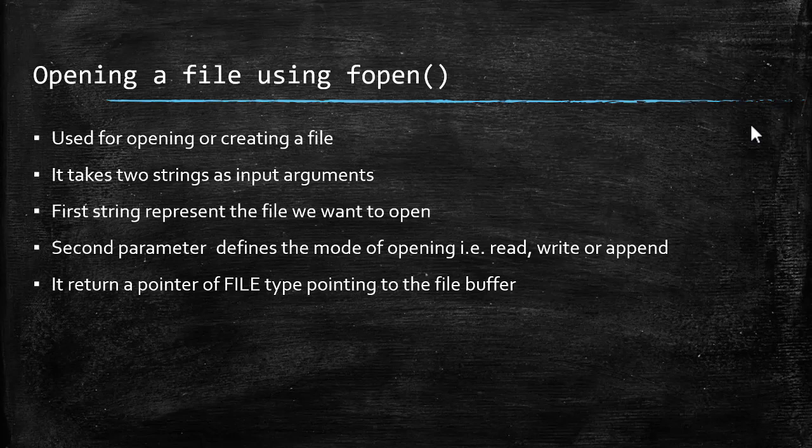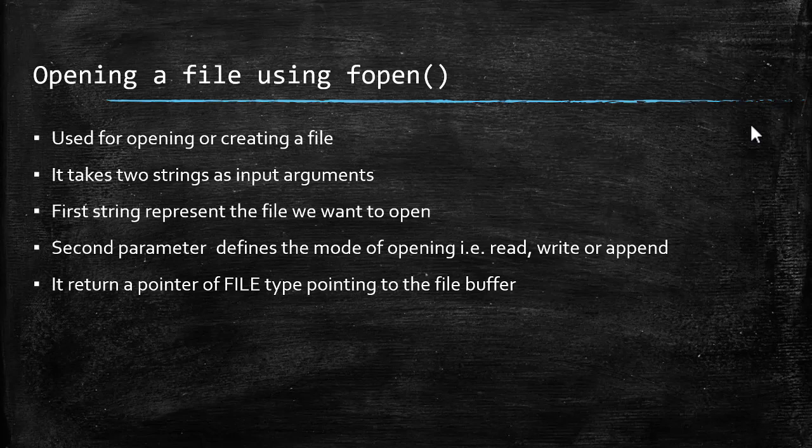In write mode, we can only write to that file, and in append mode, we can append new data after the existing data present in the file. Now, the fopen function returns a pointer of the FILE type, which means it returns an address, the starting address of the file buffer.